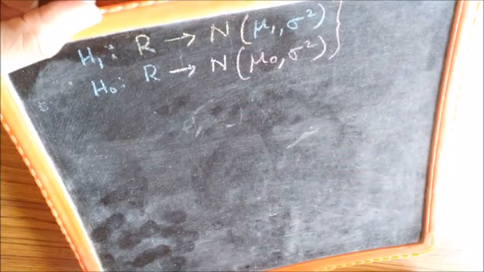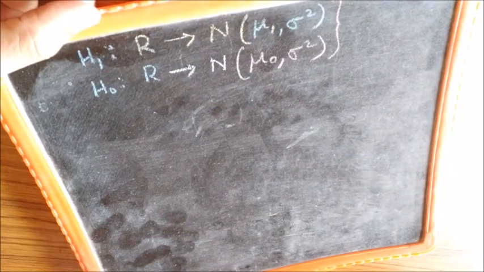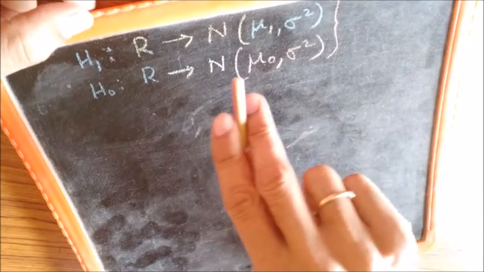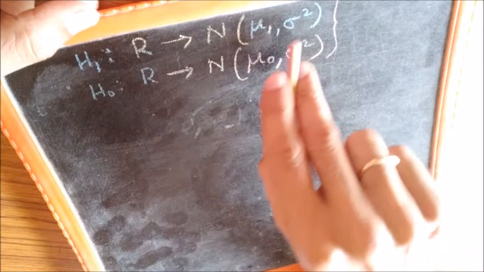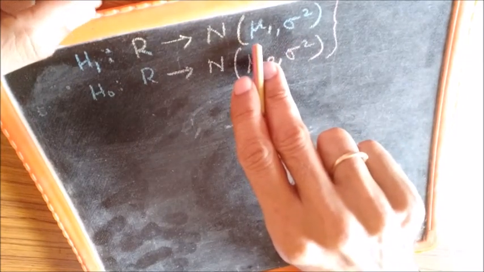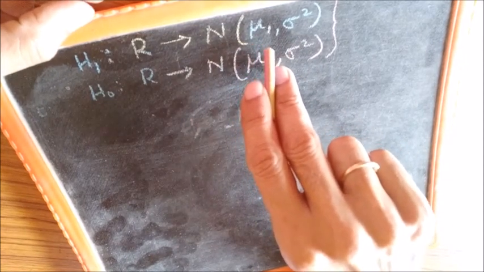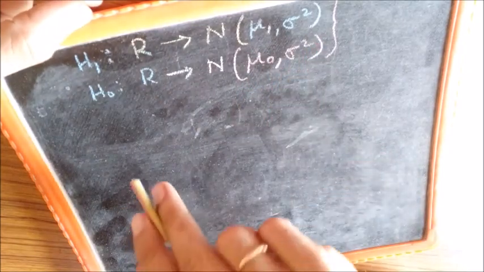The mathematicians call this a normal distribution, but we will call it Gaussian distribution. It is a Gaussian distribution with mean mu1 and variance sigma square.